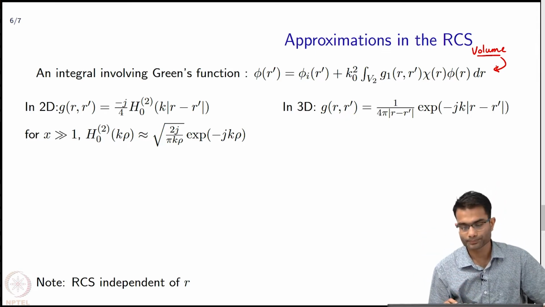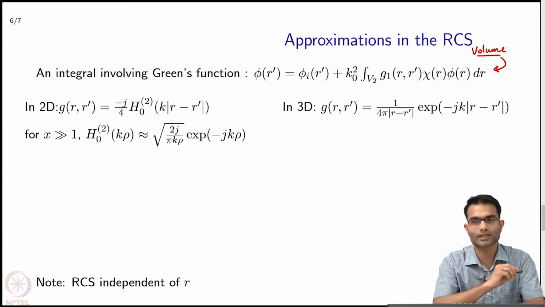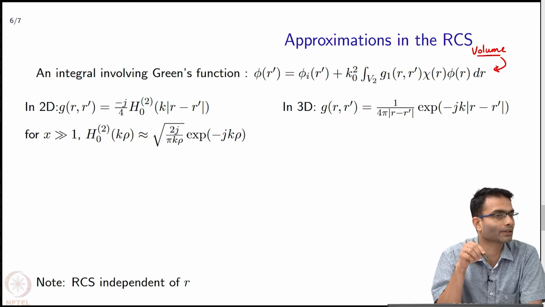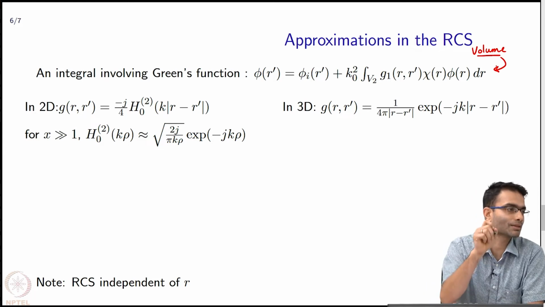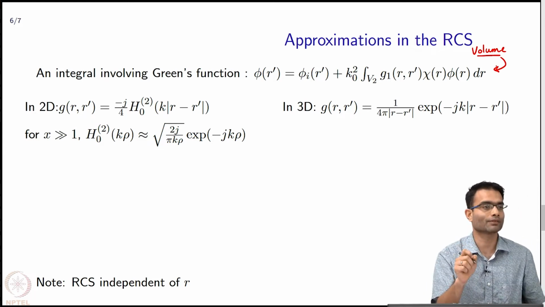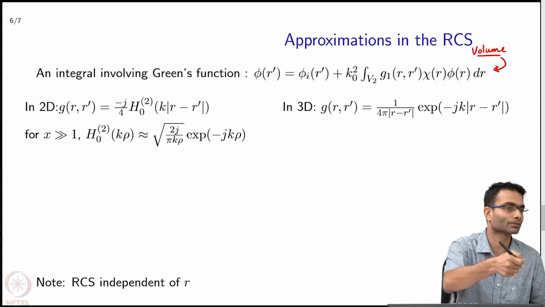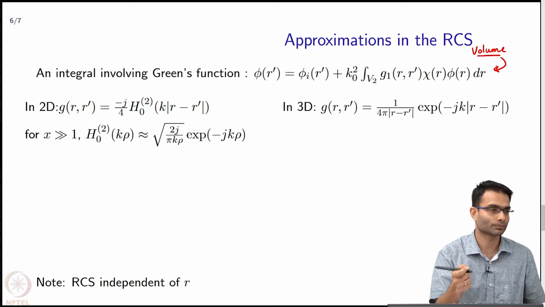Now those of you who have programmed these Bessel functions, Hankel functions will know that to evaluate a Hankel function or a Bessel function is a slightly expensive operation. When you ask MATLAB to compute a Bessel function, Hankel function, it has to do an internal calculation to give you that number. It is not like asking the computer to calculate x square or 2 into x.